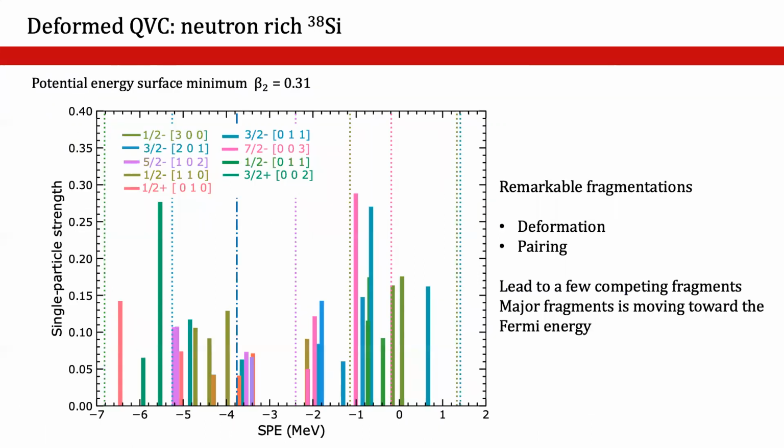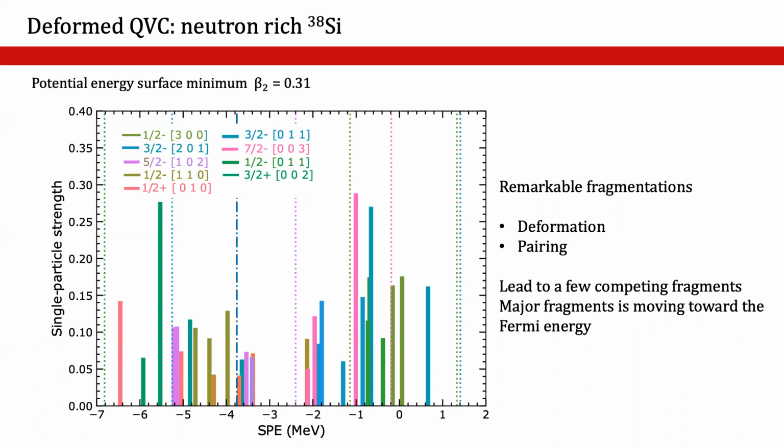And here, because we know the potential energy surface minimum, beta 2, is at 0.3, we give a detailed look at the fragment states here. One can see that a remarkable fragmentation occurs at the Fermi surface. The analyzed structure of the dynamic self-energy implies this split, but not like the spherical case, which usually has a dominant state.